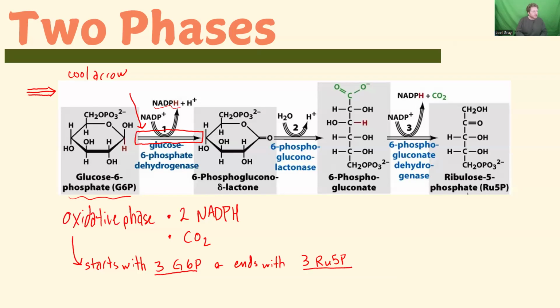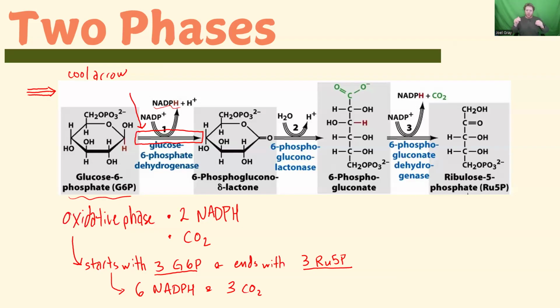And in the process, it's going to make 6 NADPH and 3 CO2. That's the way I modify my knowledge so that I can balance my understanding of the oxidative phase with the non-oxidative phase.